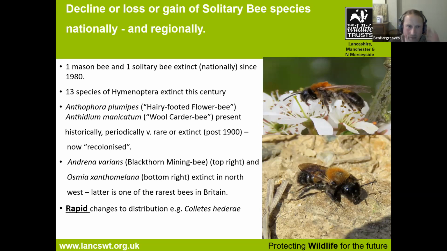And we've had rapid changes in distribution. A marked and recent example is Colletes hederae, the ivy-associated bee, which has spread like wildfire, as have some other bees and wasps more recently.